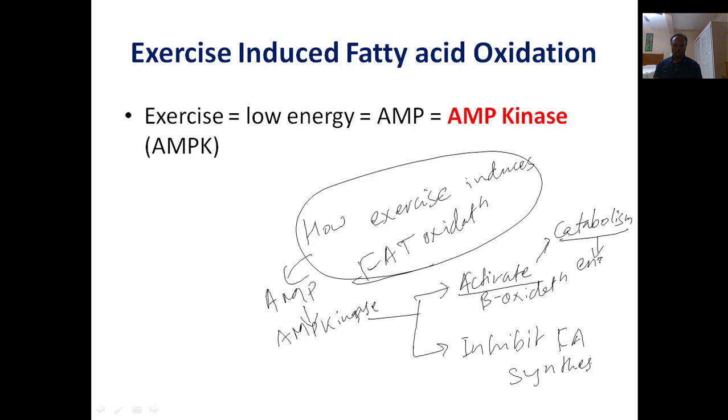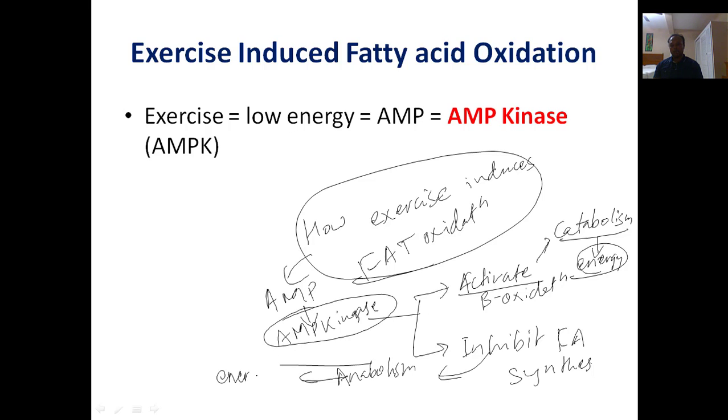So AMP kinase will activate energy producing reactions and inhibit anabolism, or energy requiring reactions. This is a very important enzyme.